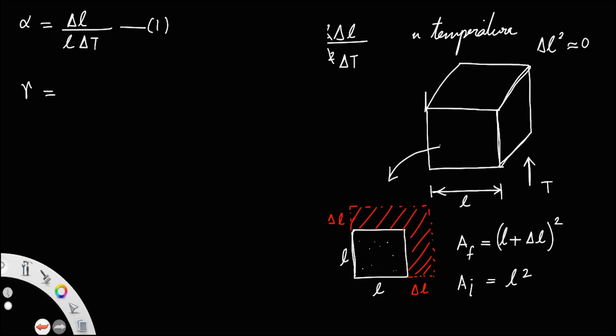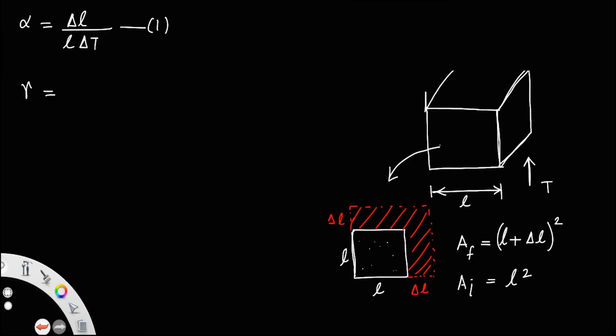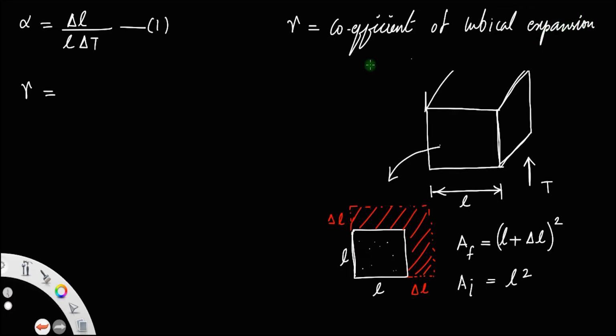Gamma is called the coefficient of cubical expansion, which means change in volume by original volume per unit rise in temperature. That is the value of the coefficient of cubical expansion.